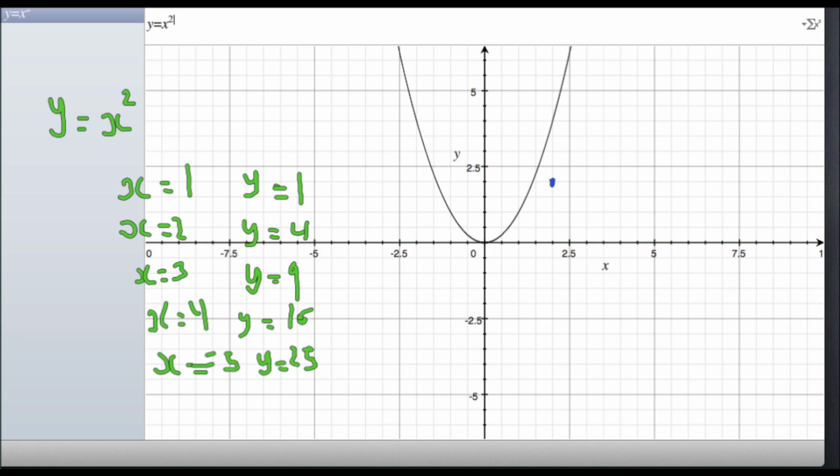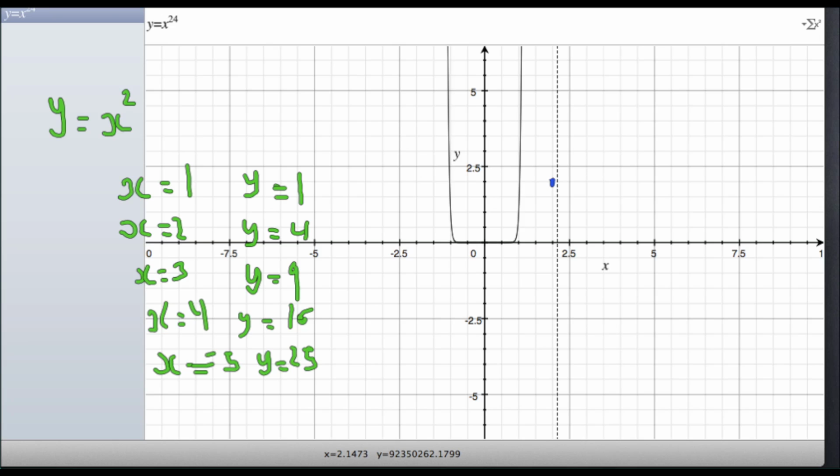At x equals 2, y equals 4, which is right over here.